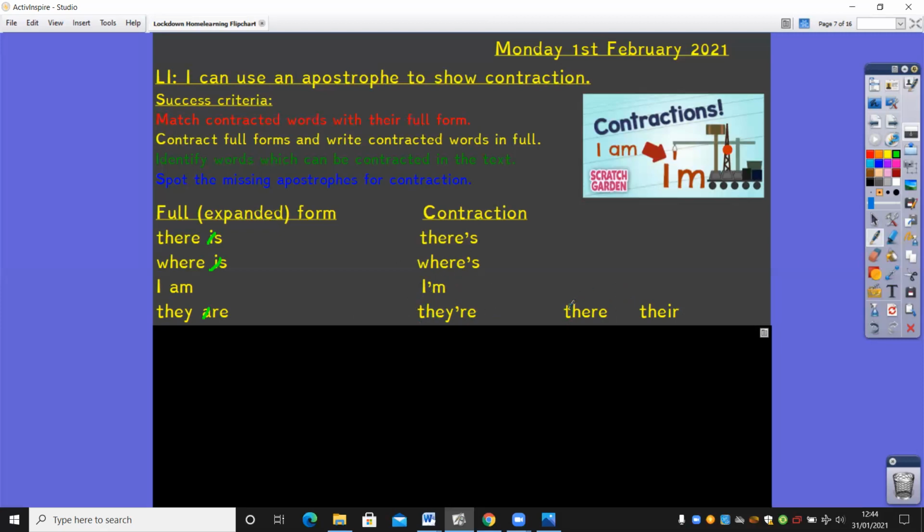If my sentence talks about a place, for example, I saw a tall tree over there, I know that that can't be a contraction because I could not say I saw a tall tree over they are. So it's not going to be this homophone. It is going to be the word there, T-H-E-R-E, as in describing a place.